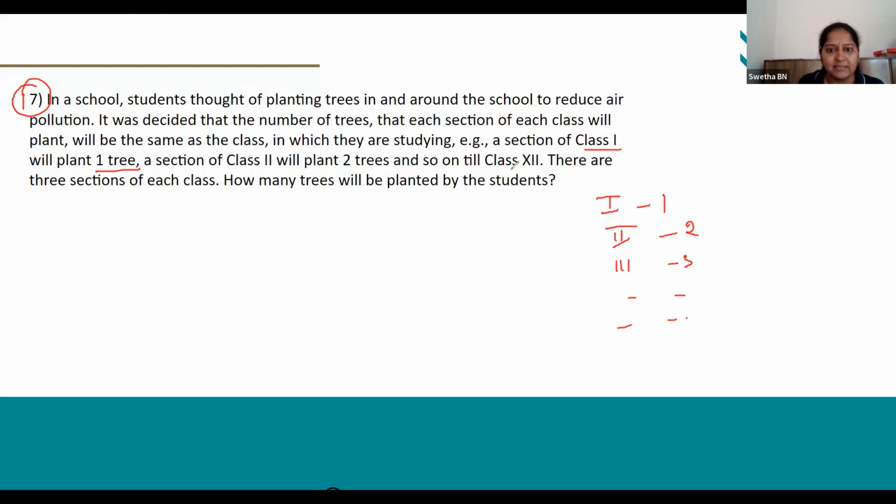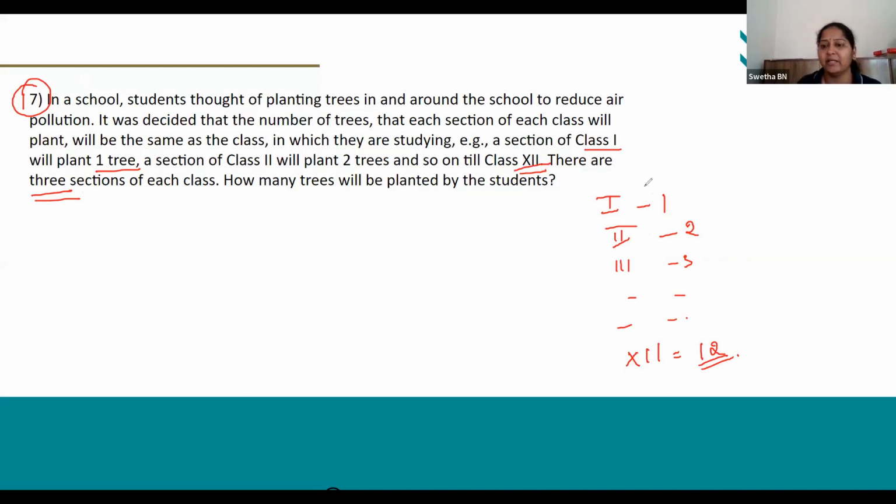So how many classes are there? Till class 12. Till class 12 students will plant 12 plants. And also one more thing, there are 3 sections of each class, in first standard, second standard, each class. How many trees will be planted by the students?